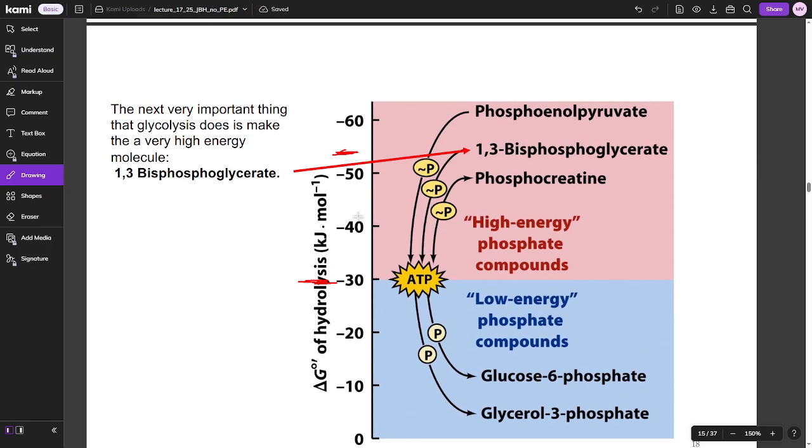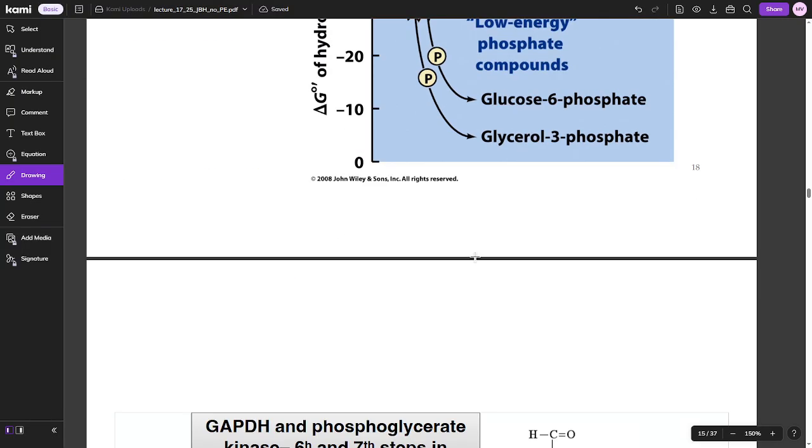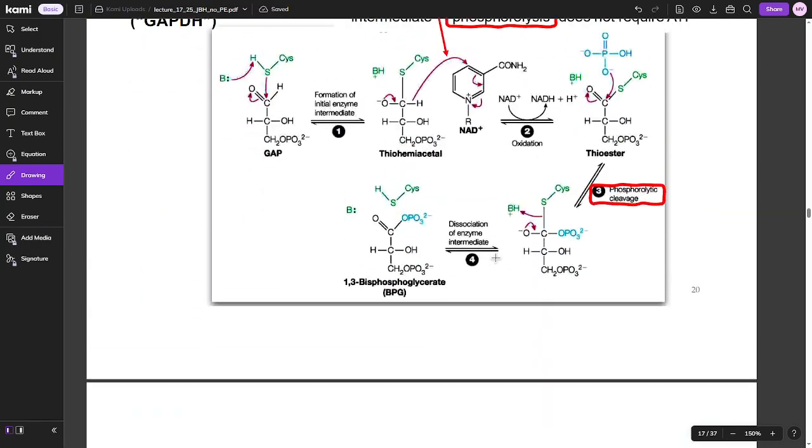It is ridiculously negative how easy it is to turn this 1,3-bisphosphoglycerate into 3-phosphoglycerate. So it's very, very negative is the main idea. So it's totally okay to do that.